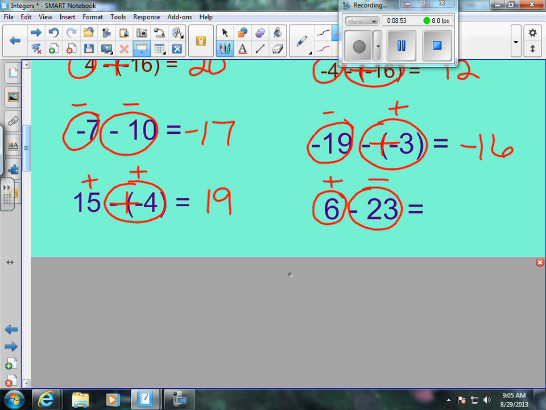It has a negative in front. Different signs. So now we're going to do 23 minus 6. And what do we get? 17. And now the 17 will remain negative because there's more negative 23 numbers than positive 6 numbers.